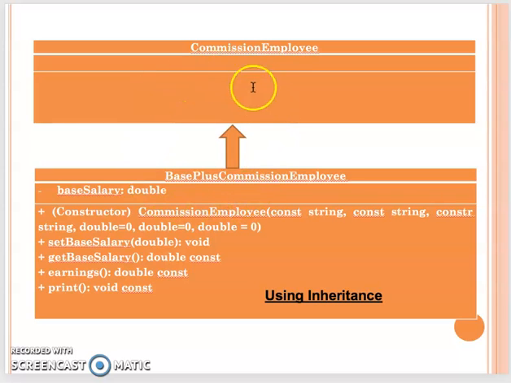So please use this example, the last version from Module 11. Then we will demonstrate what the polymorphism relationship is. Like we said earlier, base plus commission employee is a commission employee object. How will we demonstrate that?